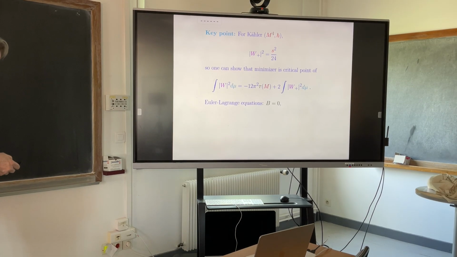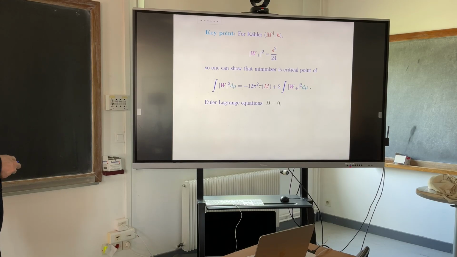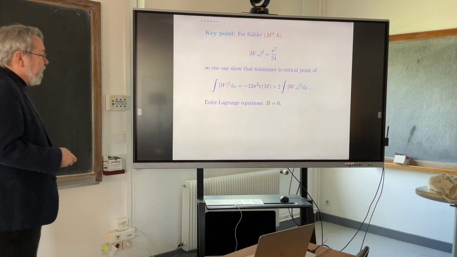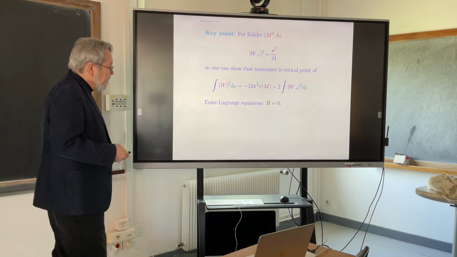So there is a very interesting variational problem that comes up. What are the critical points of this on the space of all Riemannian metrics? The integral of W squared.